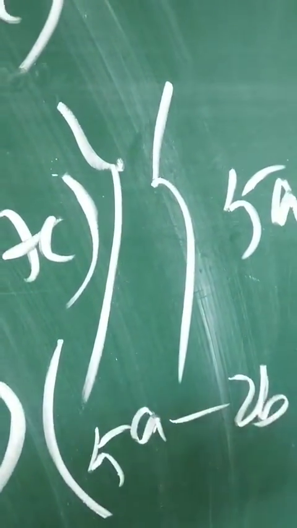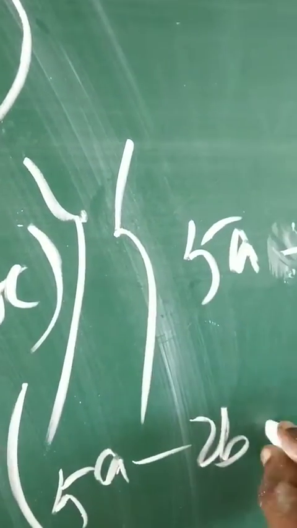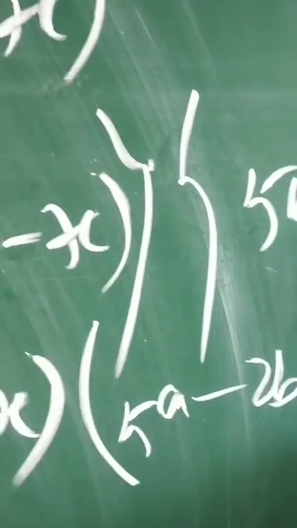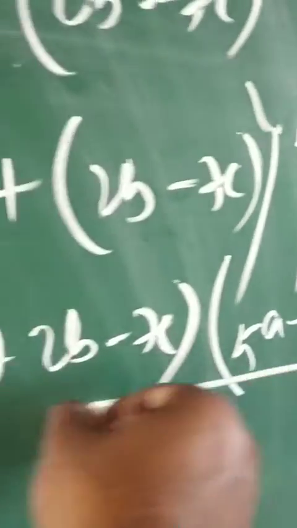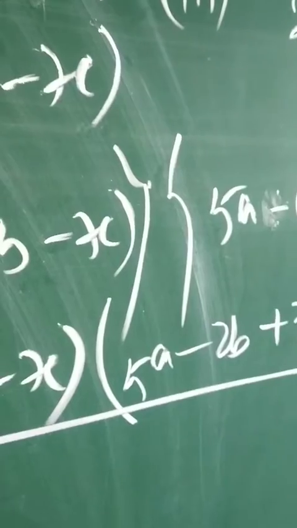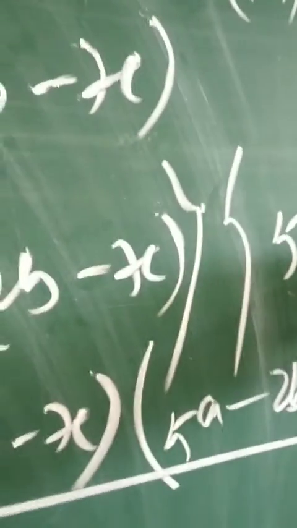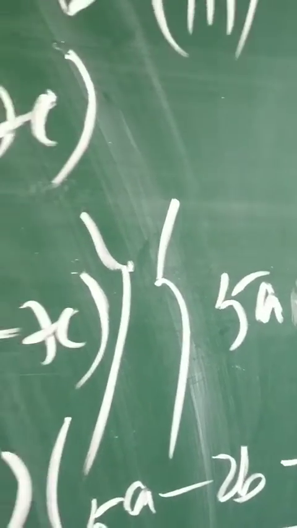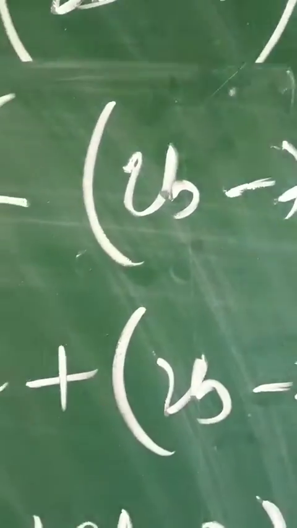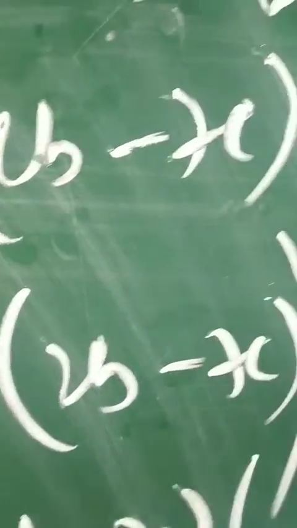It's minus 2b, minus into minus plus 7c, because minus will be multiplied with 2b and minus 7c. So children, this is how we have to solve this question.